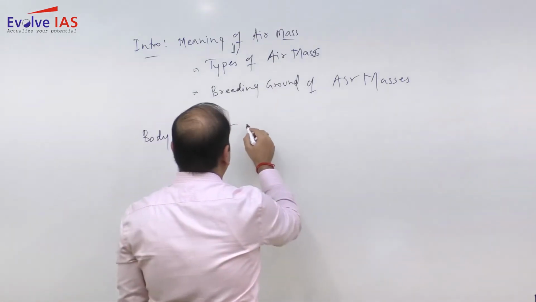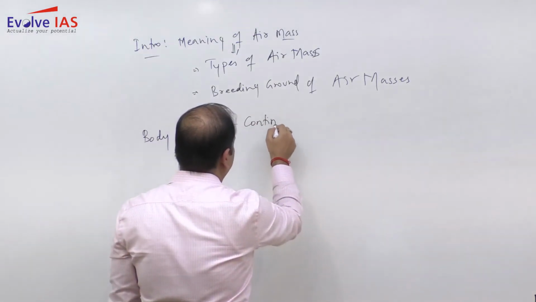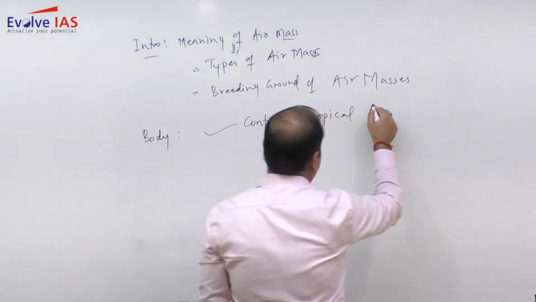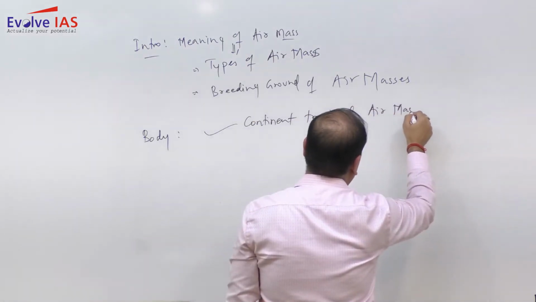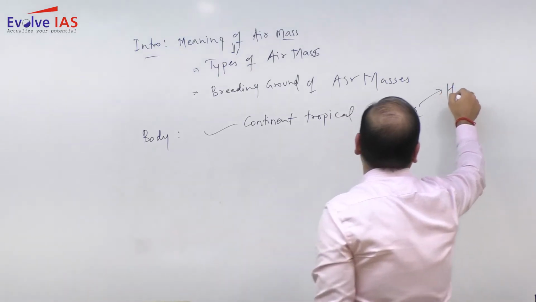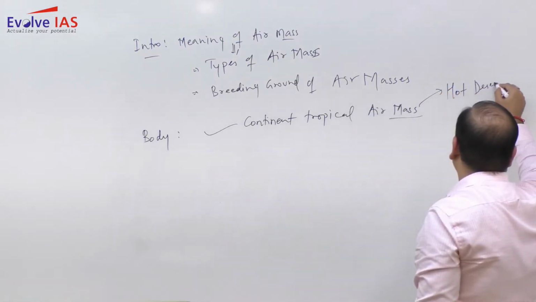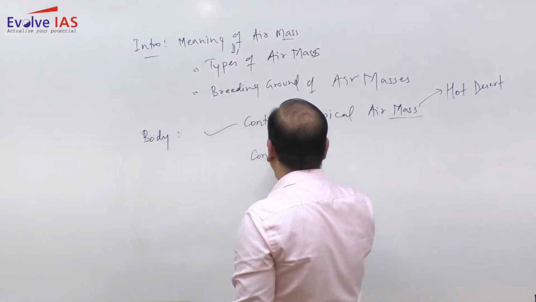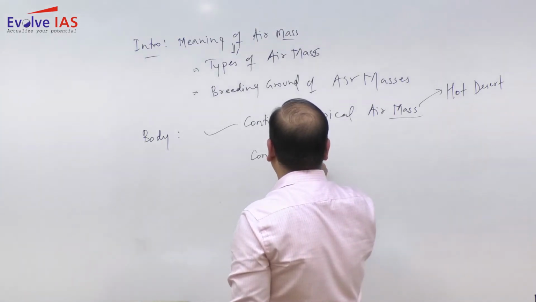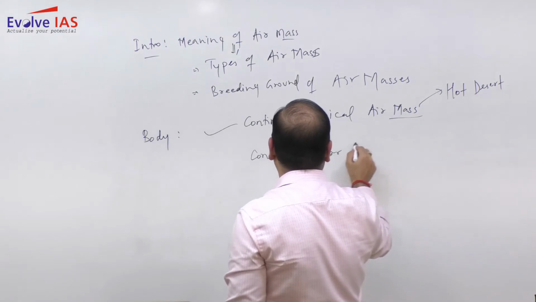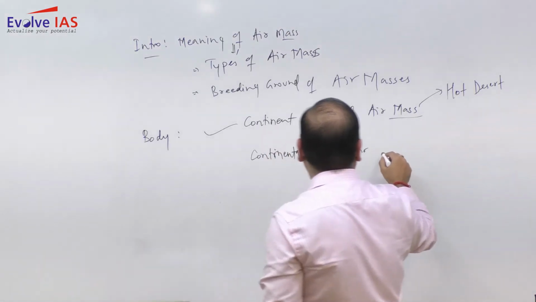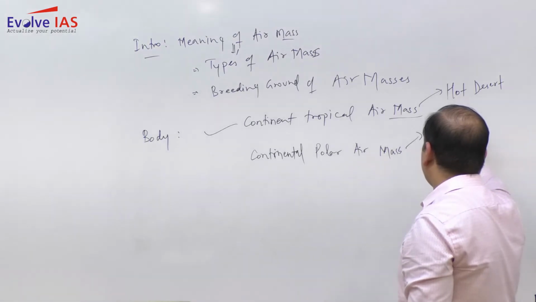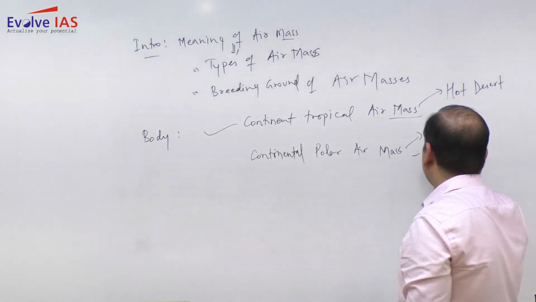Like you can write about the continental tropical air masses, which mainly originate from the hot deserts, or you can write about the continental polar air masses, which mainly originate from northern Canada and Russian Siberia.